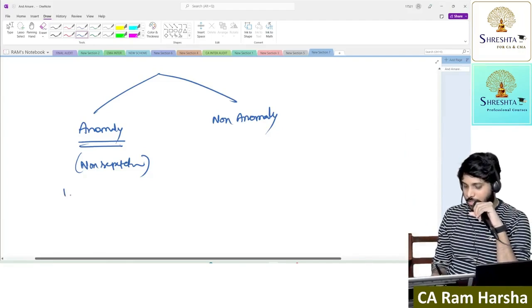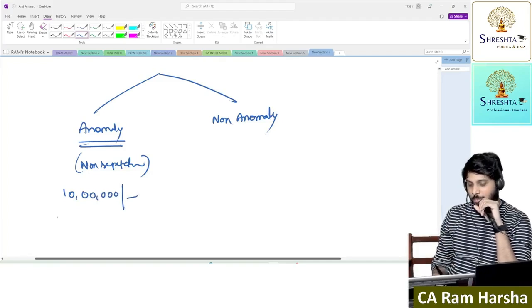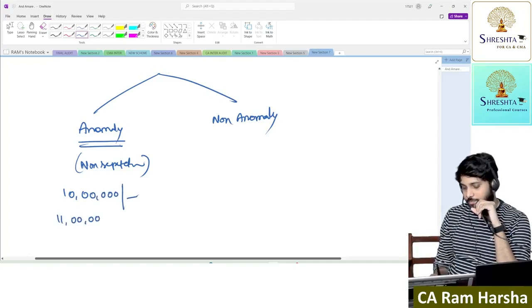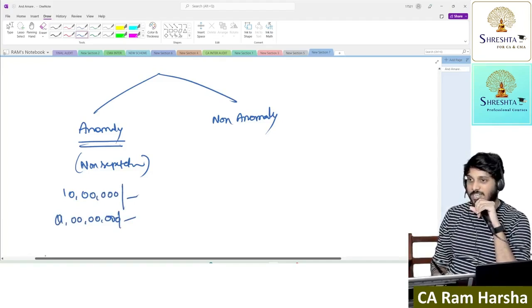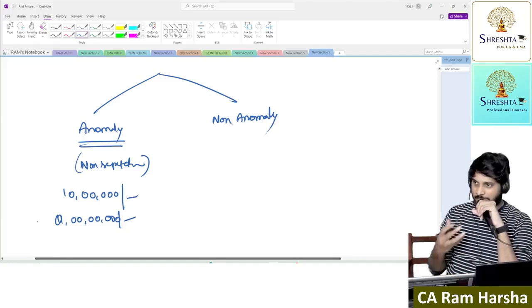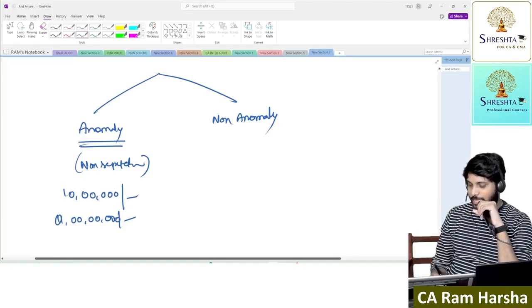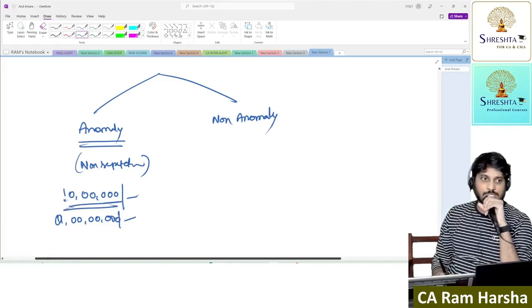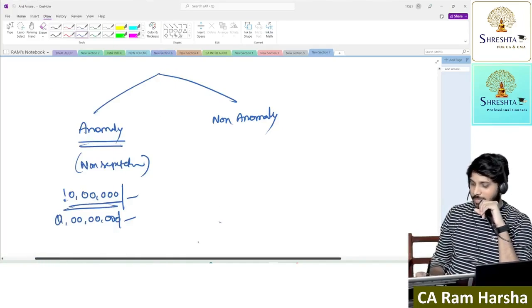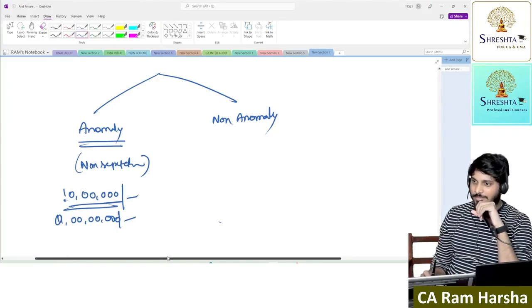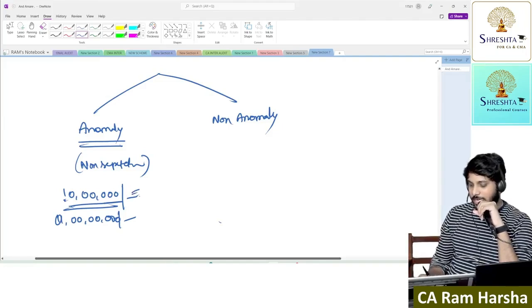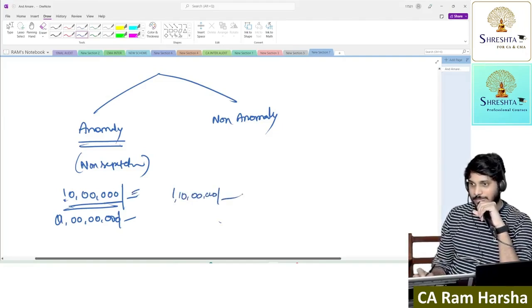Example: suppose an accountant, while entering a transaction of 10 lakhs, in a hurry typed an extra digit, so 10 lakhs worth of transaction is recorded as 1 crore 10 lakhs.